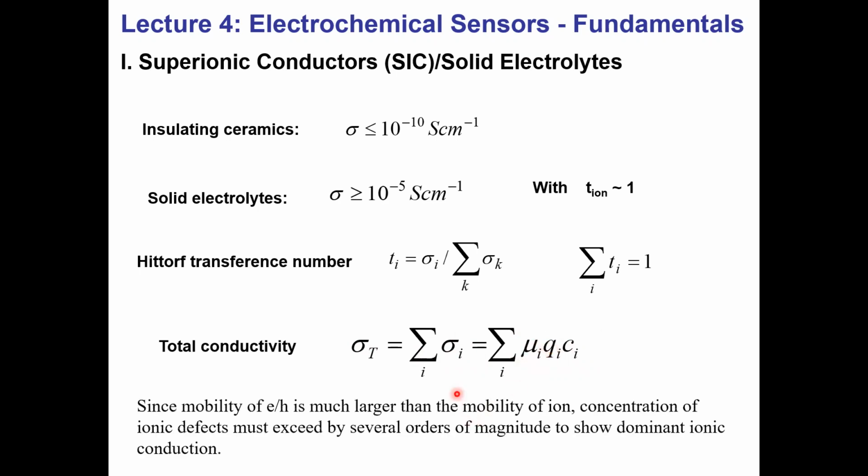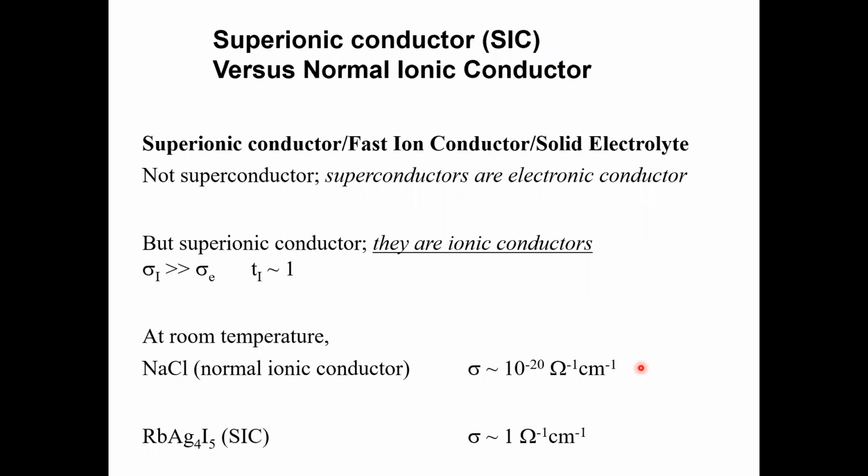Since the mobility of electrons and holes is typically larger than the mobility of ionic species, for superionic conductors the concentration of charge-carrying species has to be dominant to get substantial ionic conductivity.